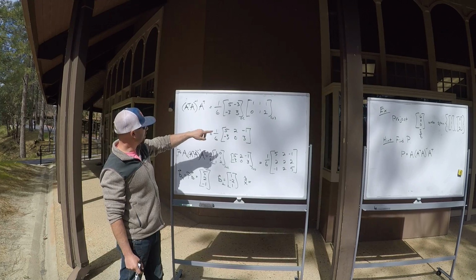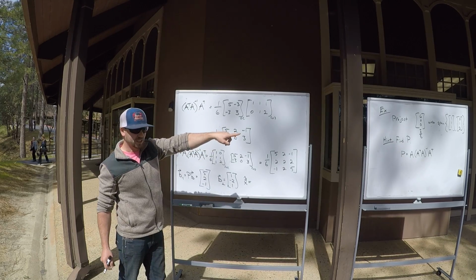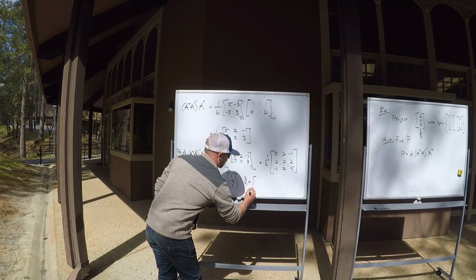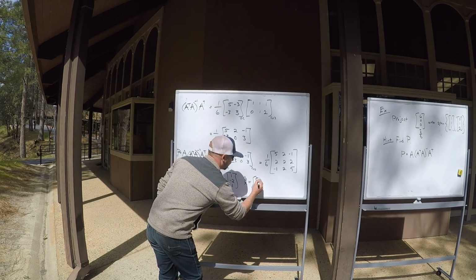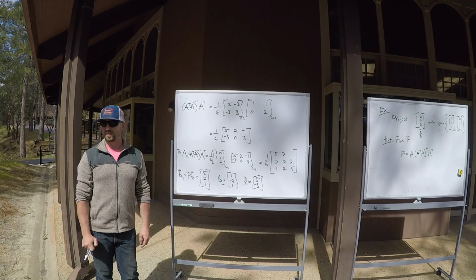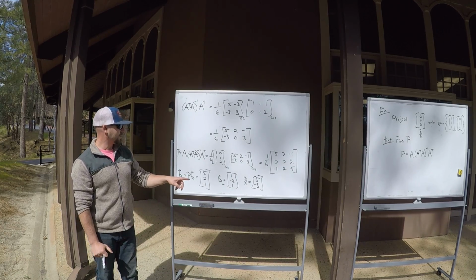Once again, I can whack the 6 against the 6, and I get 5, negative 3.